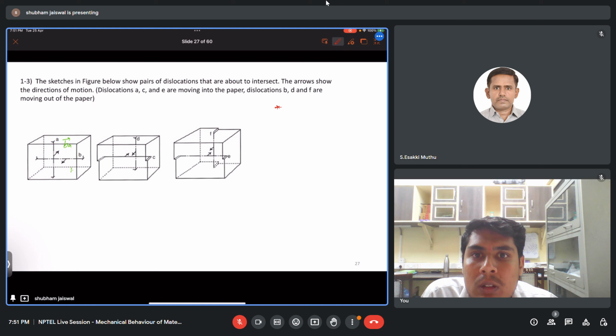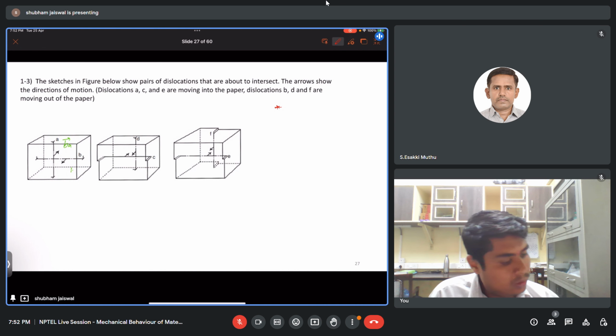Now the character of this step will be defined. If the line vector of that step and the Burgers vector are perpendicular or parallel, that defines its edge or screw character. And whether it is a jog or kink is defined from the plane. If it is in the same plane, it will be a kink, and if it is out of plane, it will be a jog.